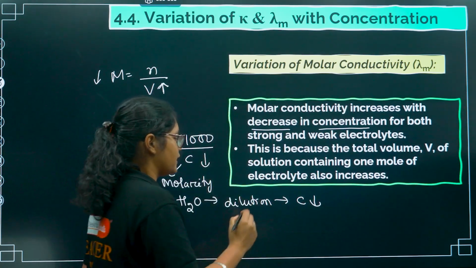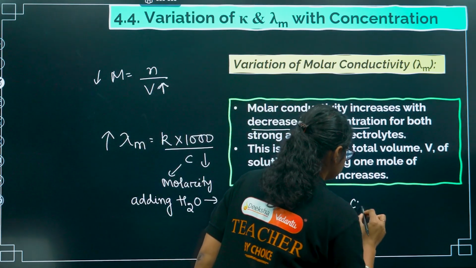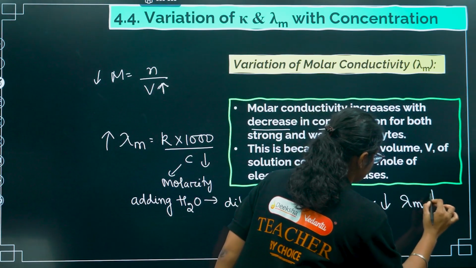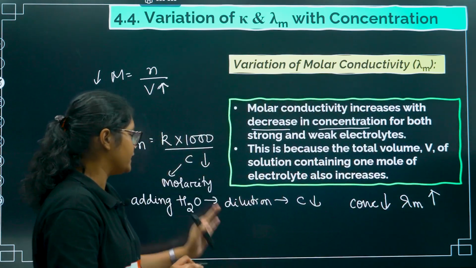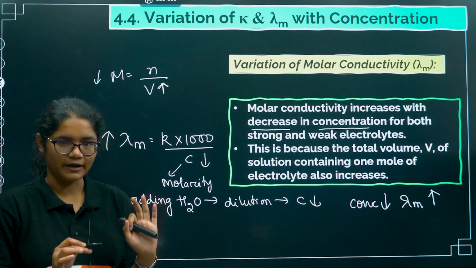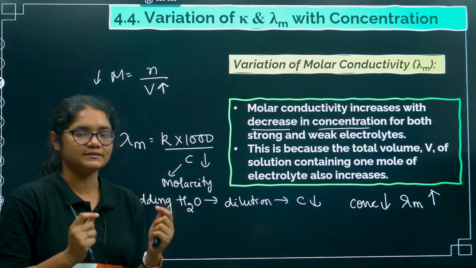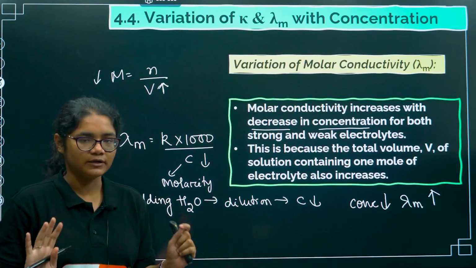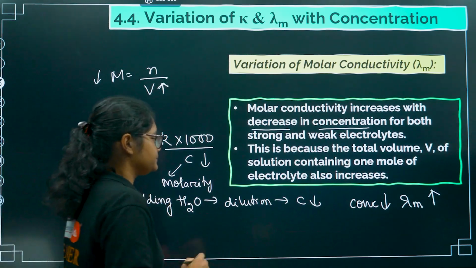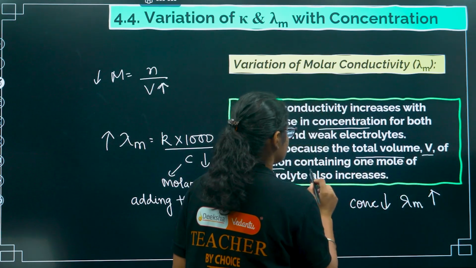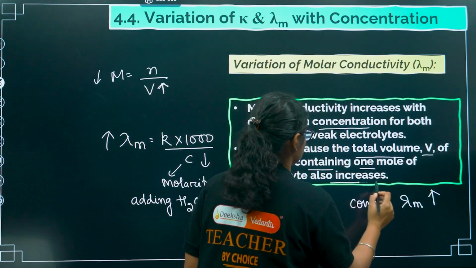So I can write here, if concentration decreases, molar conductivity increases. This one we can directly explain from the formula itself, right? But for kappa we can understand it: per unit volume the number of ions decreases, that is why kappa also decreases. This is because the total volume V of the solution containing 1 mole of electrolyte also increases.